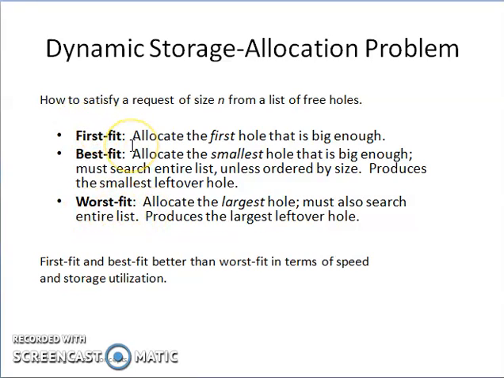In first fit, whichever block first meets the request, that is allocated. In best fit, we sort the different blocks on the basis of size, and whichever minimum size block meets our requirement, we will allocate that. And in the worst fit, the largest block is allocated to the new incoming process. I will be taking up a numerical of all the three methods at the end of this video.